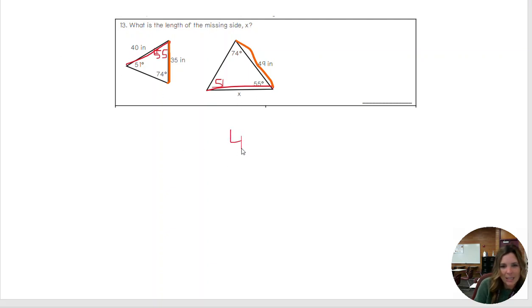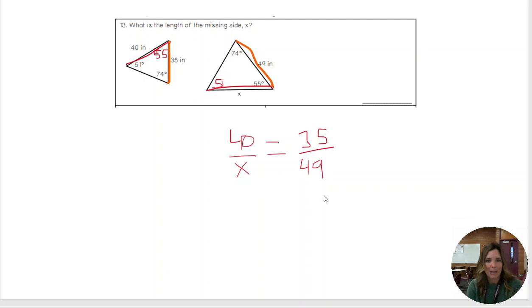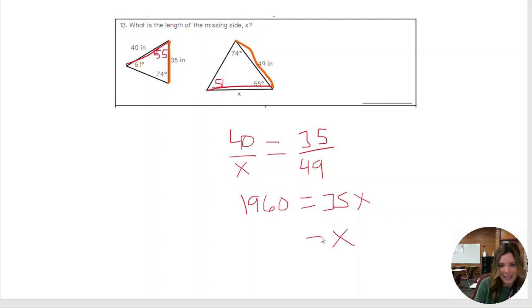We're going to do little red side over big red side is equal to little orange side over big orange side. Okay, and now we can go ahead and solve this proportion. So when we cross multiply, 49 times 40, we get 1,960 equal to 35 times x, which is 35x. Divide by 35 on both sides, and you get x equals 56.